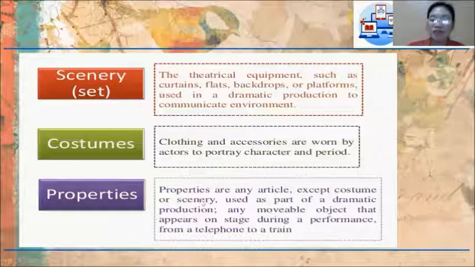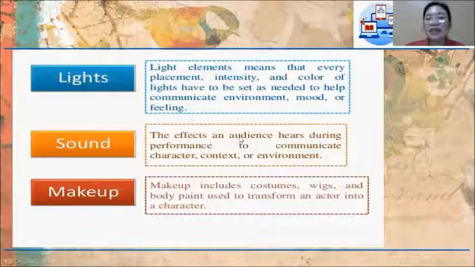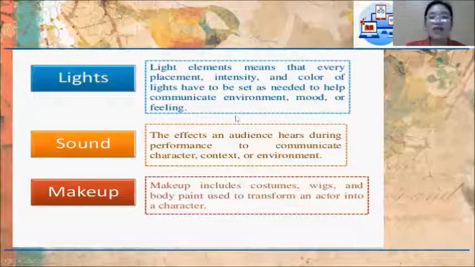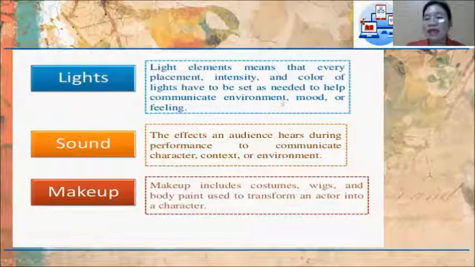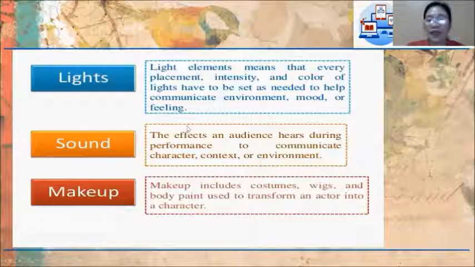Then we have lights. Light elements means that every placement, intensity, and color of lights have to be set as needed to help communicate environment, mood, or feeling. Another one is sound.